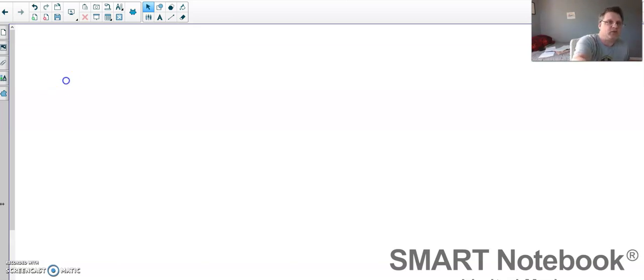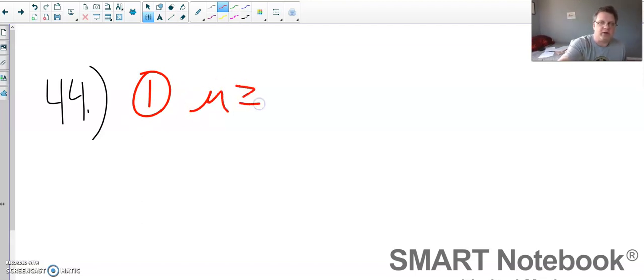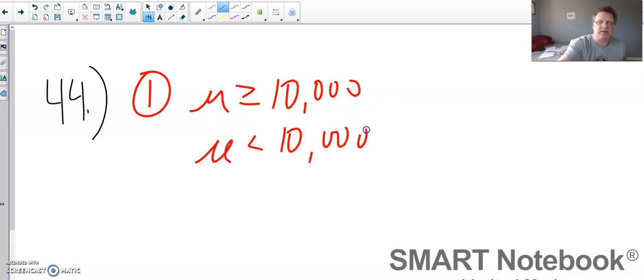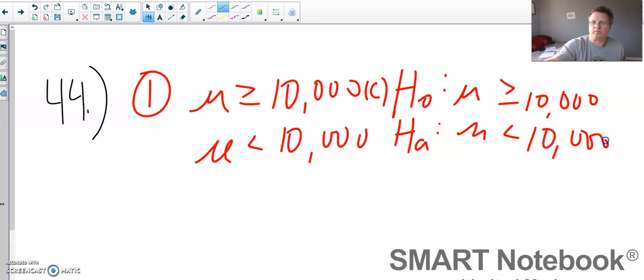So the mean is greater than or equal to 10,000 hours, and therefore mu is less than 10,000 for the alternate. The null and alternate hypotheses: remember, the null is your claim. Mu is greater than or equal to 10,000. Mu is less than 10,000.